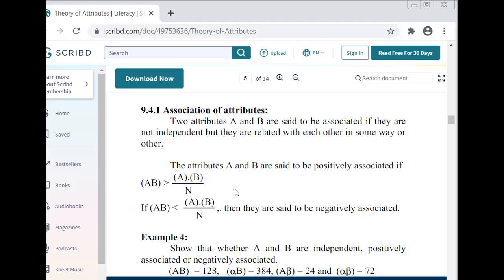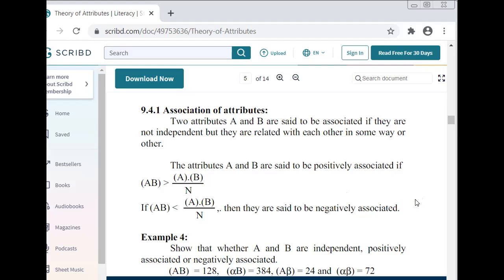Similarly, A and B are negatively associated if the frequency of AB is less than frequency of A into frequency of B by capital N. Then you can say that A and B are negatively associated.